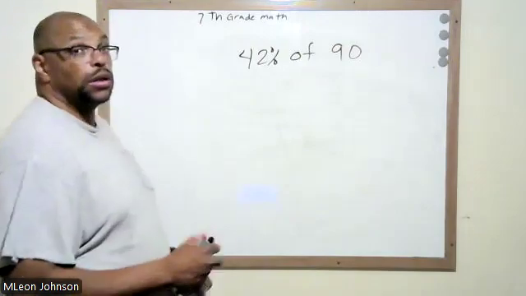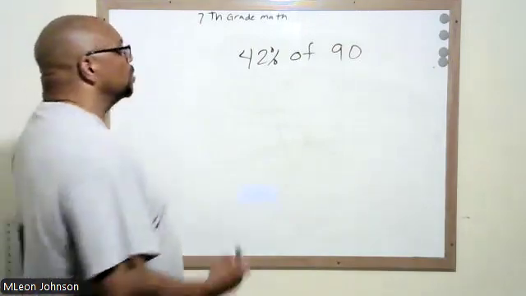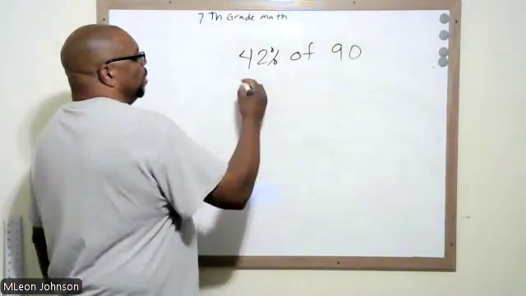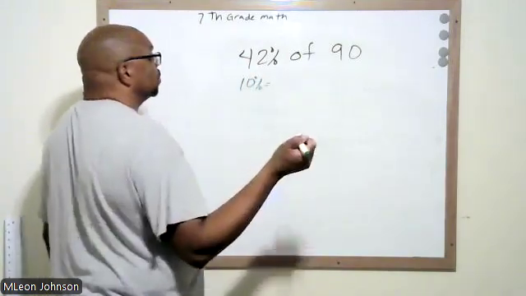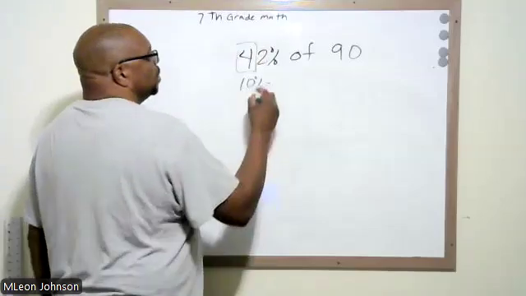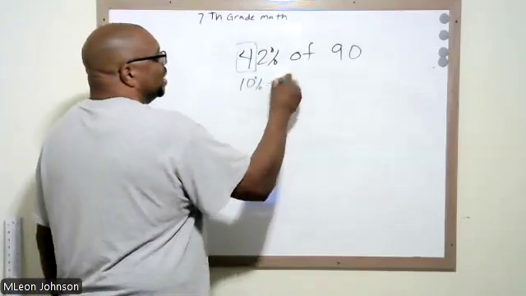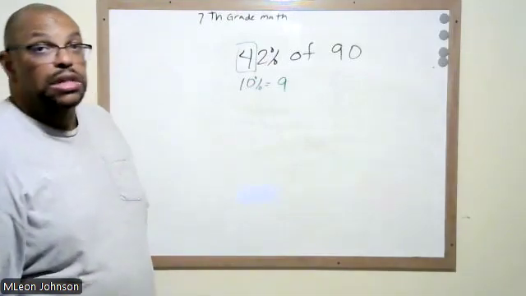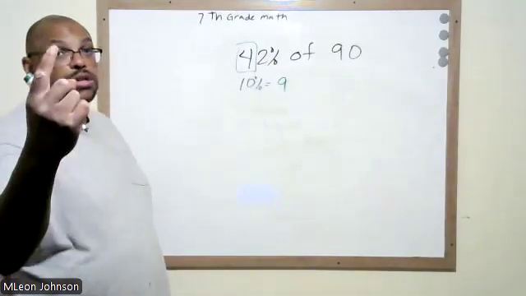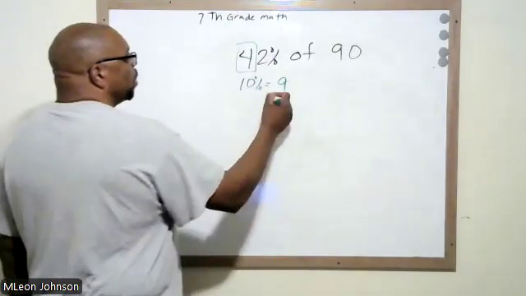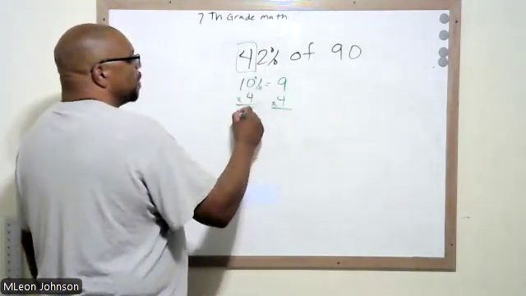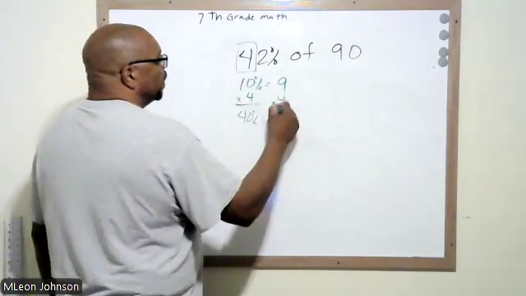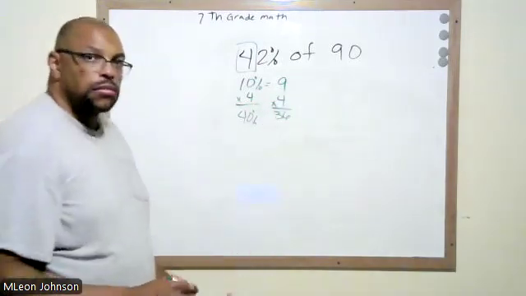The first one we're going to do is 40%. We're going to do 40% of 90. We already know that 10% is equal to 9. We don't want 10, we want 40. 10, 20, 30, 40. So we want 4. So we multiply by 4, we get 36.